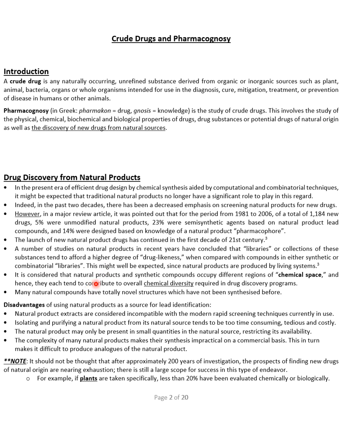Okay, so we have explained why the discovery of lead compounds or new molecules from natural products is still an advantage. So what would be the disadvantages of looking at natural products and using them to find lead identification? First, natural products extracts are actually considered incompatible with the modern rapid screening techniques in use.